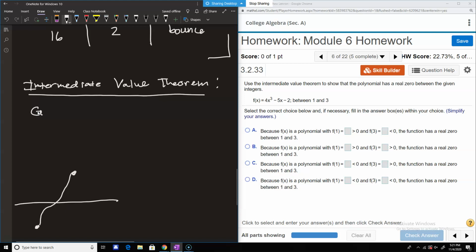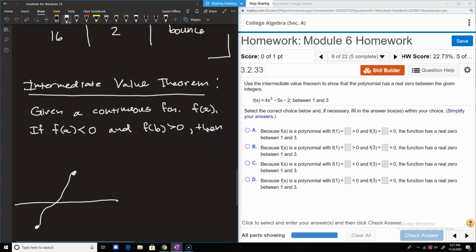So, given a continuous function f of x, if f of a is less than 0 and f of b is bigger than 0, then there exists a value x equals c such that f of c is equal to 0.